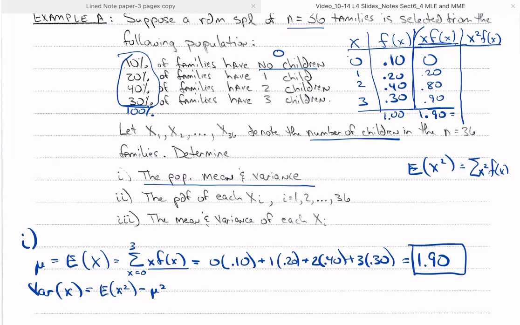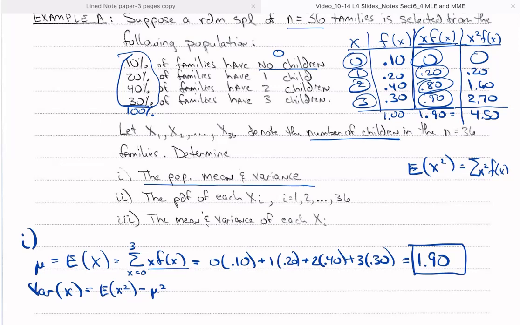So I'm going to take the 0 times the 0, that gives me 0. The 1 times the 0.2 gives me 0.2. The 2 times the 0.8 is 1.6. 3 times 0.9 is 2.7. I add these up, and I get 4.5, it looks like, if I did that right.